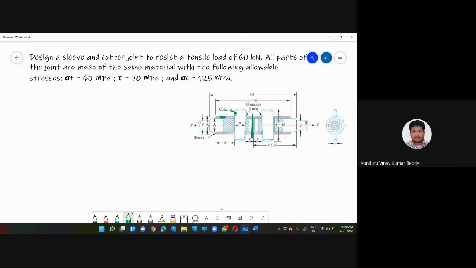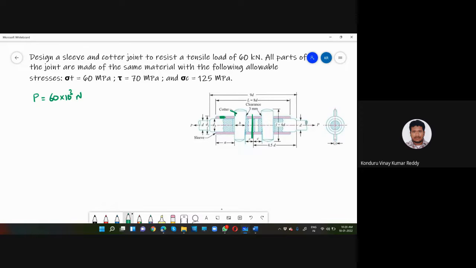Now here it is given that it has a tensile load of 60 kilonewton, thereby P is equal to 60 kilonewton, that is 60 into 10 to the power of 3 Newton. All parts are made of the same material. That means we will not be going for different yield stresses, or different tensile or crushing stresses.